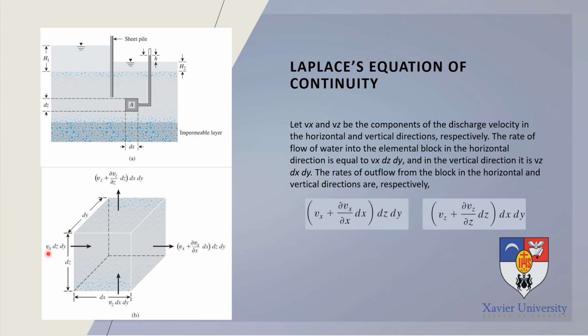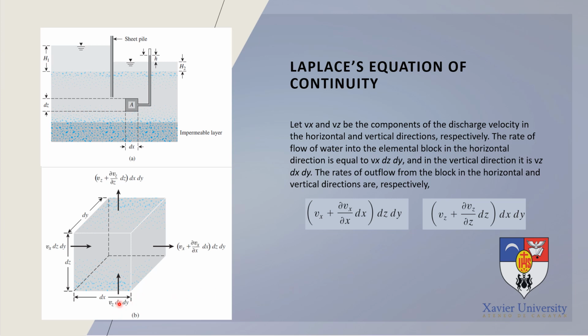So Vx here is the discharge velocity of the water that will pass through this part, and the area the water flows through is dz times dy.